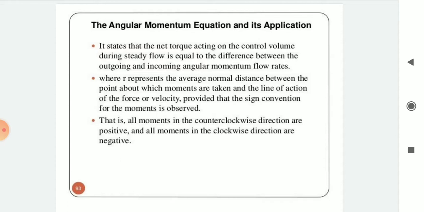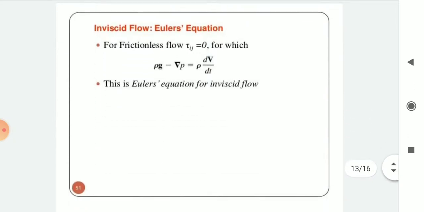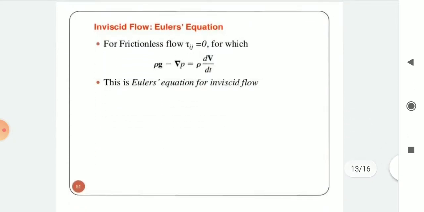That is, all moments in the counterclockwise direction are positive and all moments in the clockwise direction are negative. So this is all about the momentum equation and its applications.